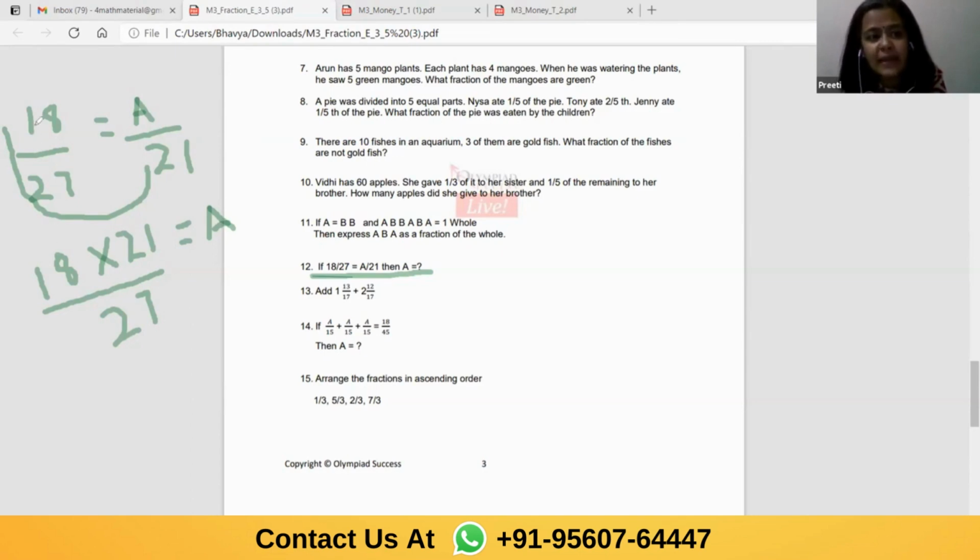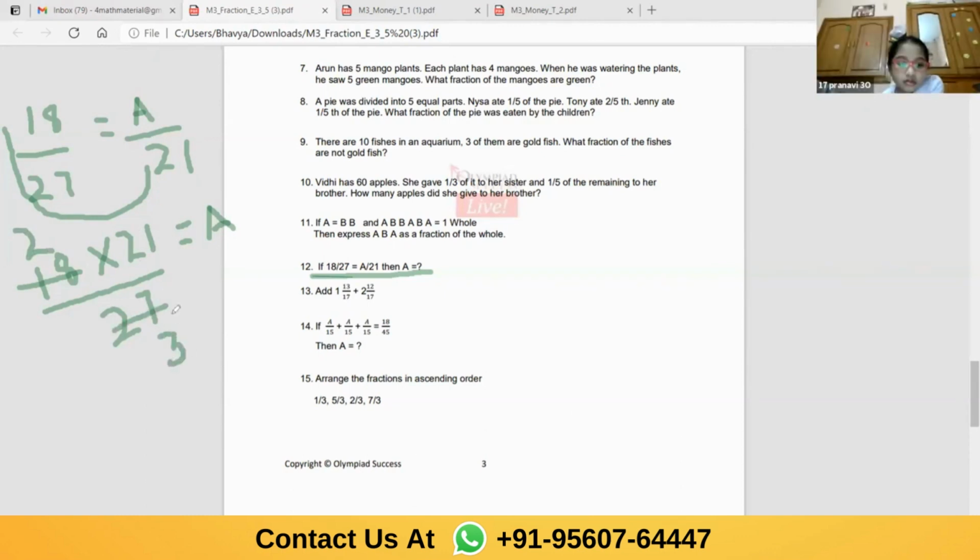Okay, tell me one thing. Can I reduce 18 upon 27? Can I reduce that? 18 and 27, they come in the same table. How can I reduce? I can reduce them by 9. 9 2s are 18 and 9 3s are 27. Yes, isn't it? Yes, ma'am. And 21 and 3, they come in the same table?